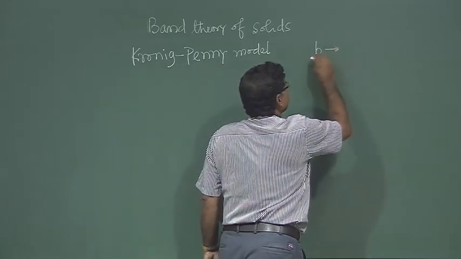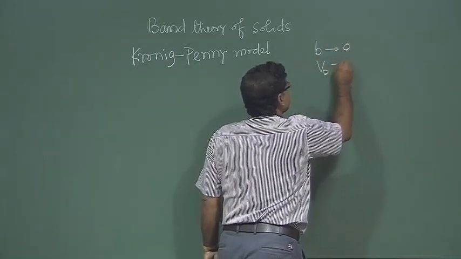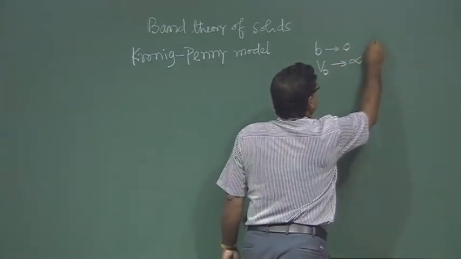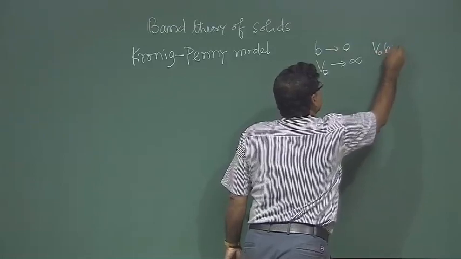So, assuming b tends to 0 and V0 tends to infinity, but V0 b is finite.